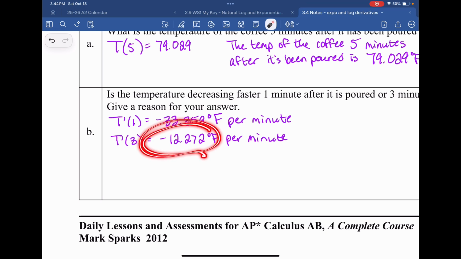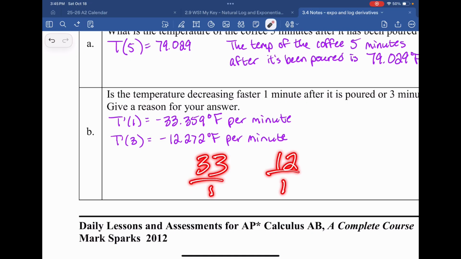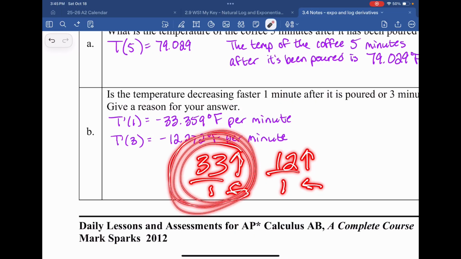So 33 is much steeper, because think of it as 33 over 1 versus 12 over 1. Imagine going up 33 units and over 1 versus up 12 and over 1. This is much, much steeper, so that rate is much, much faster.